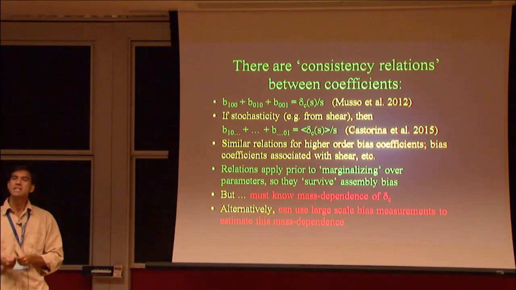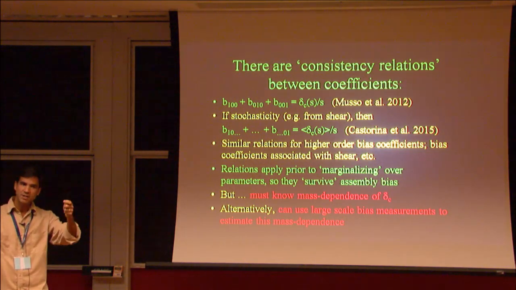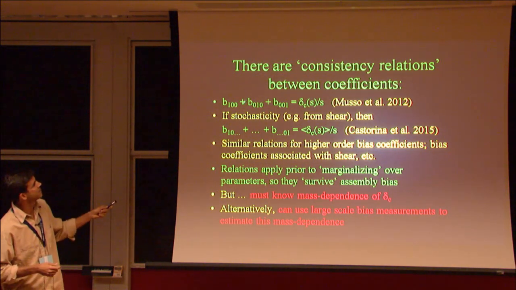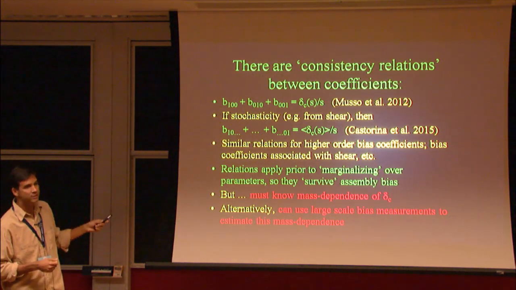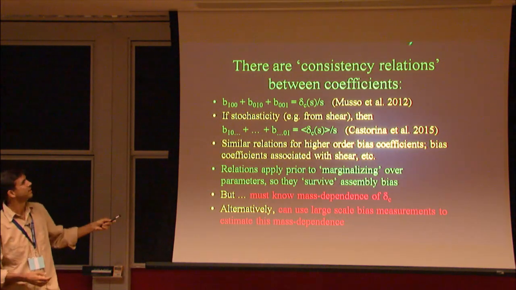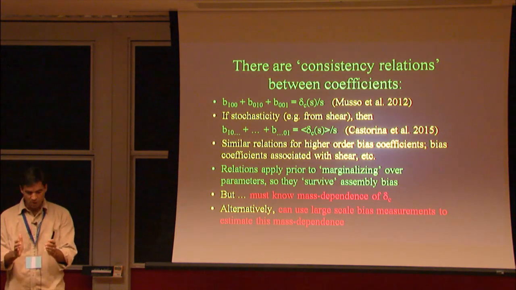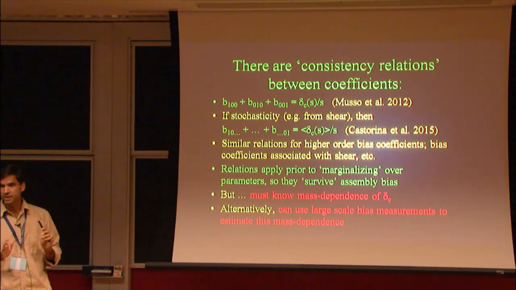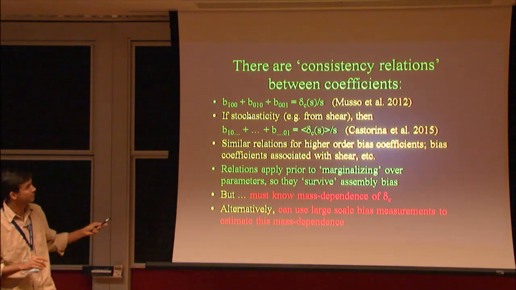You can ask what the mean curvature around a patch of height delta_c is, and there will be a consistency relation involving just that. There will also be one associated with doing all the mean upcrossings. So there are a bunch of consistency relations that you can use to reduce the number of free parameters.